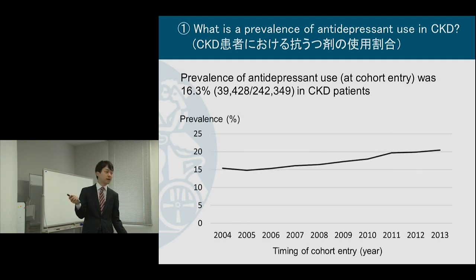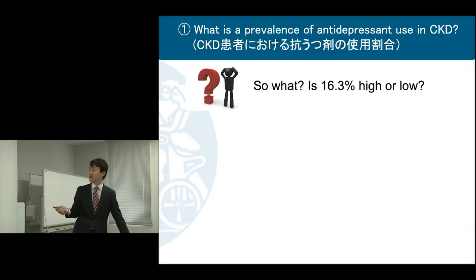If stratified by cohort entry timing, I found that this was gradually increasing. So in 2013, 20%, meaning that among patients with CKD, 1 in 5 patients are on antidepressants at one time. I felt like saying this is high, but the matter is I couldn't discuss whether this number is high or low because there is no comparison.